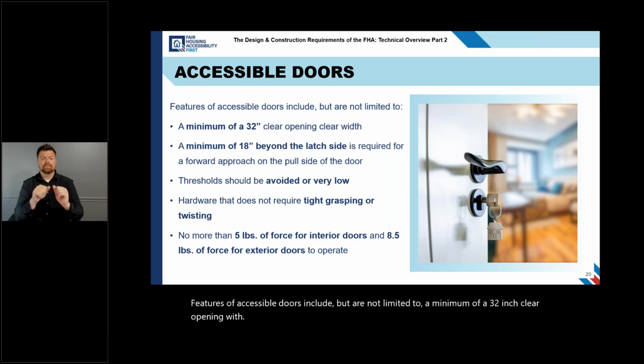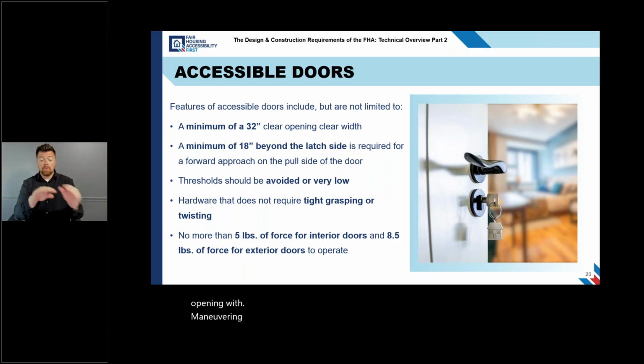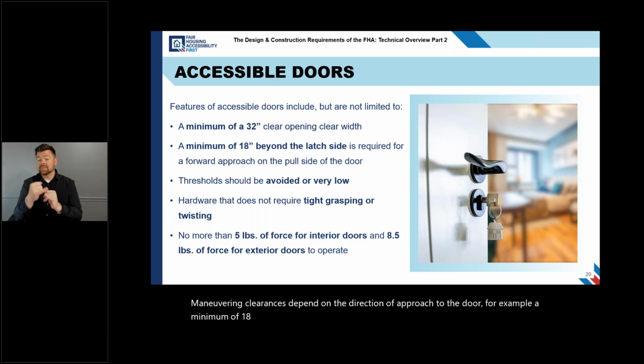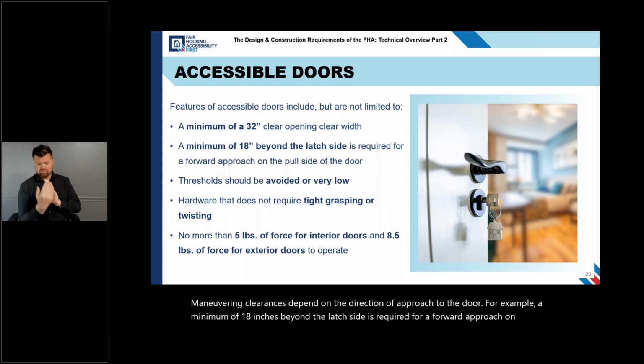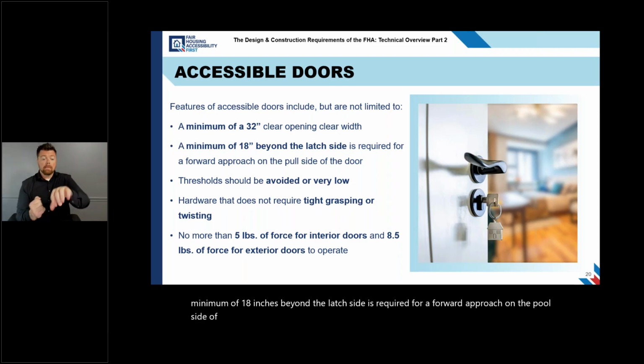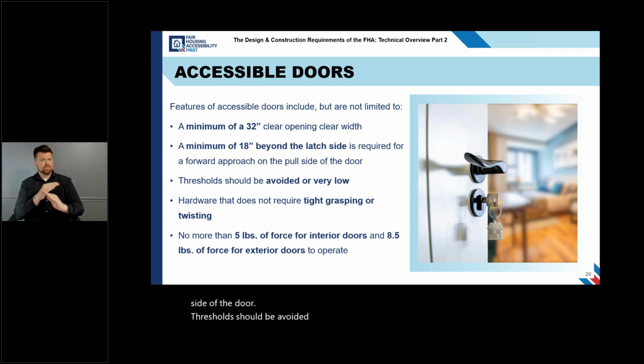Maneuvering clearances depend on the direction of approach to the door. For example, a minimum of 18 inches beyond the latch side is required for a forward approach on the pull side of the door. Thresholds should be avoided or very low.